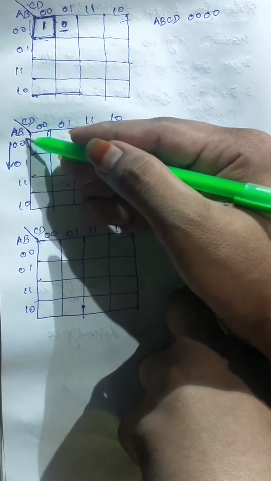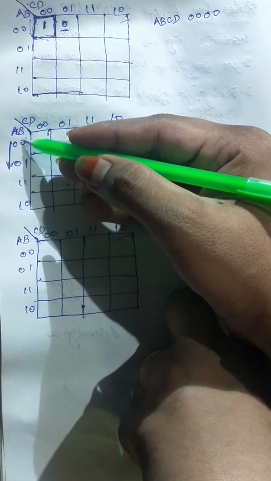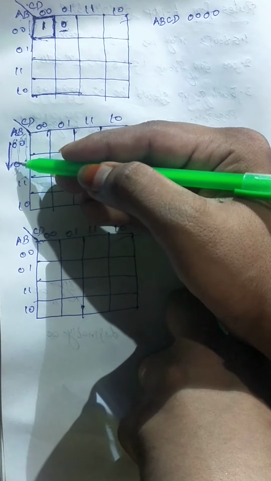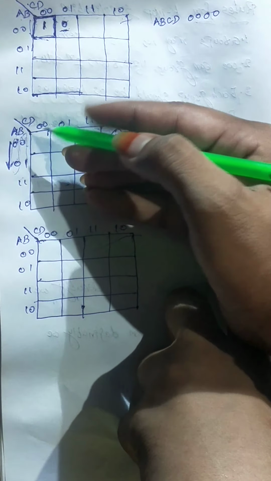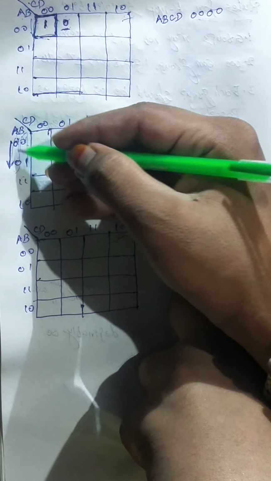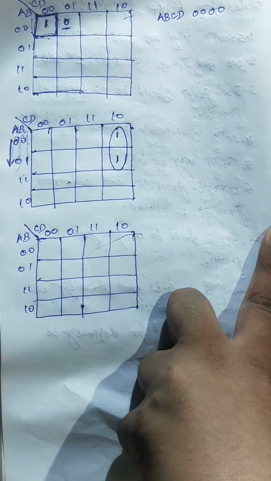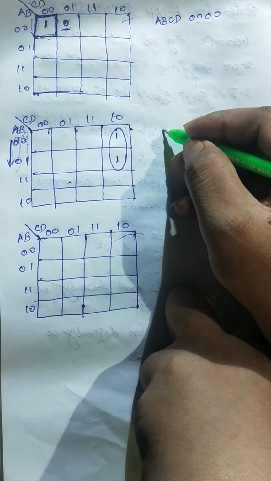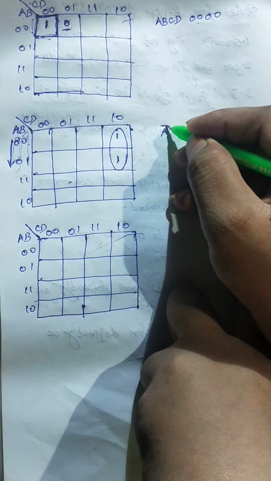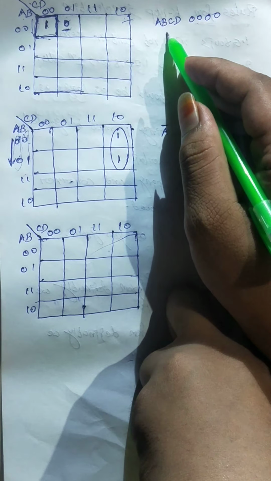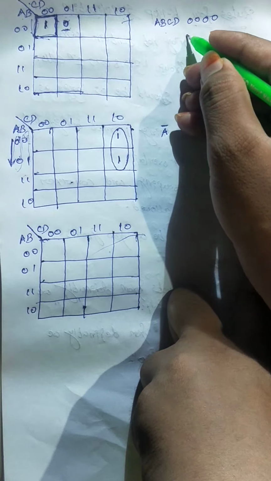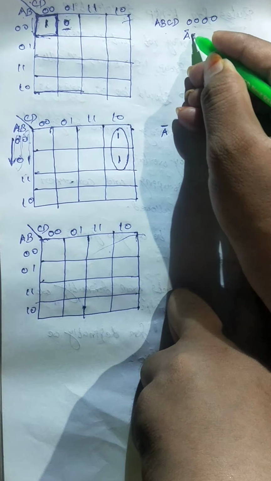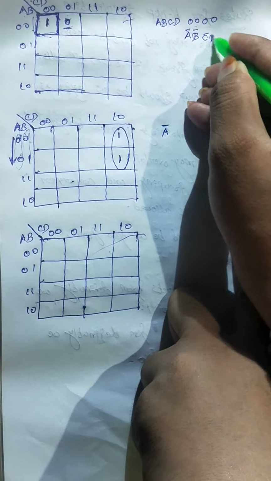Here the cell combination changes, therefore we cannot consider the B variable, only the A variable. Why? Because there is no change in these two cells. Therefore 0 0 means complement of the variable, so the value becomes A bar, B bar, C bar and D bar.